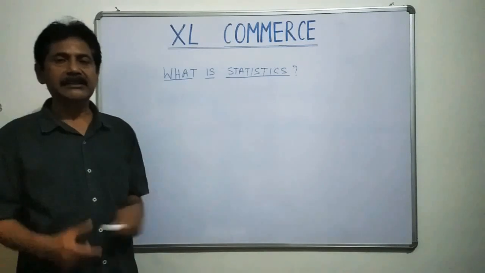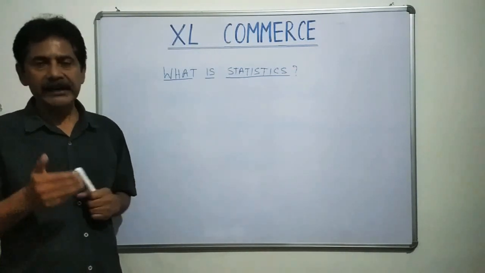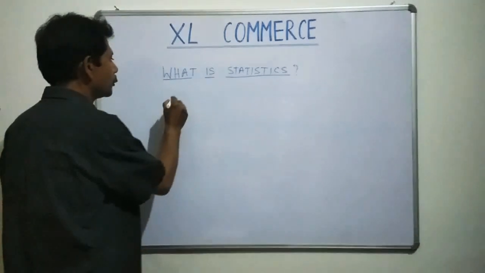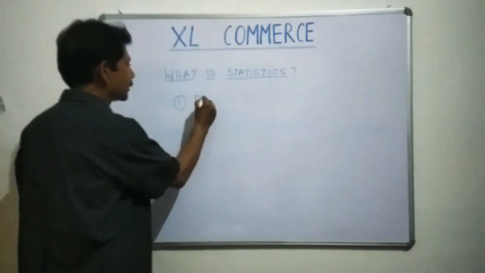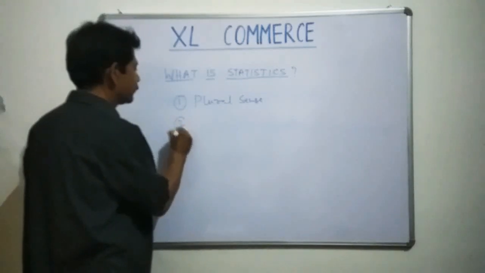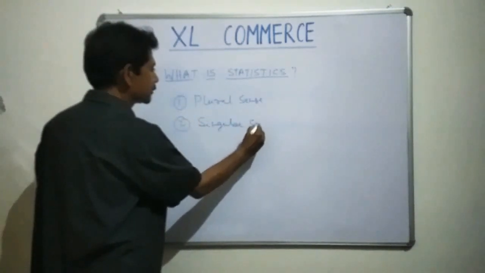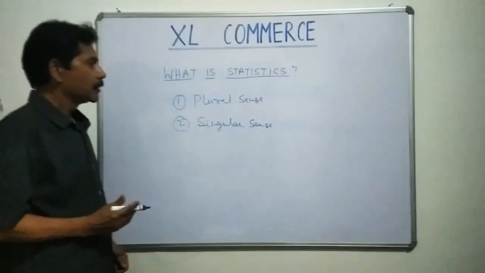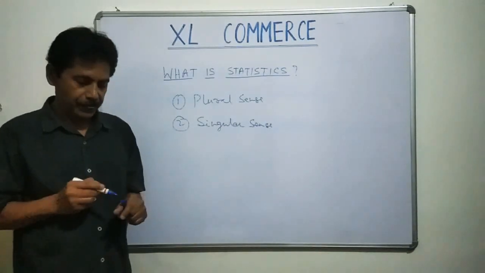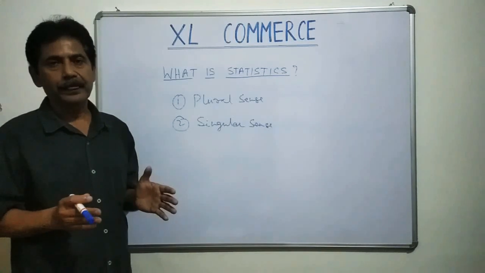Now, statistics deals with quantitative data and it is understood in two senses. First one is plural sense and second one is singular sense. Now, what is the meaning of plural sense? Plural sense means it is always a comparative data.